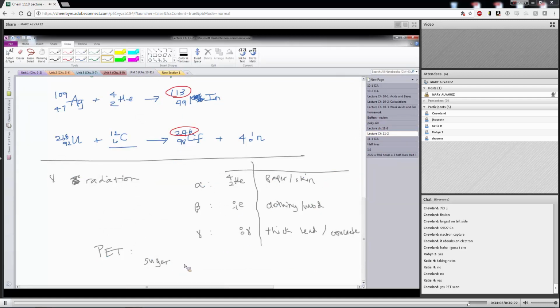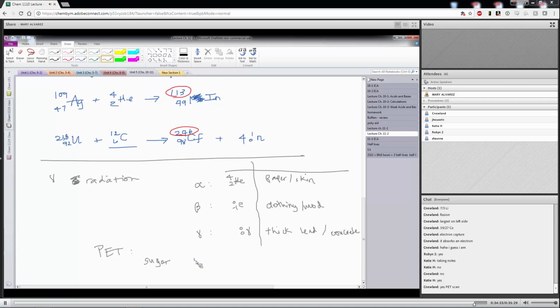So you feed somebody radioactive sugar, you wait a certain period of time till the sugar localizes into the places that it's working, and then you image that area and you can see how the sugar has been uptaken and is being used based on the release of the gamma rays at that position. Okay.